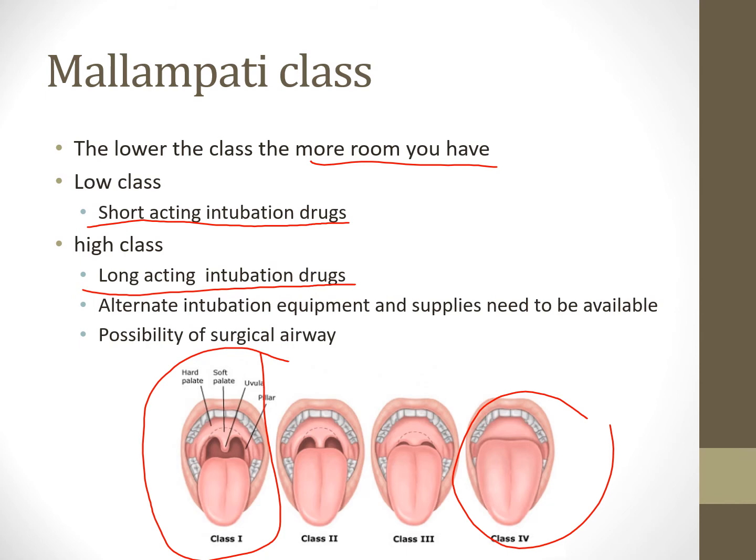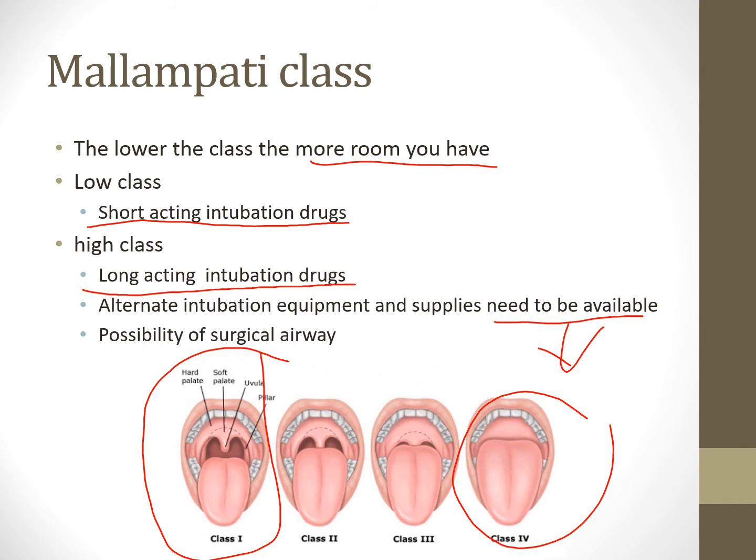The last thing you want is the patient waking up in the middle of you intubating, as far as their airway reflexes go, and then vomiting and causing aspiration, right? So alternate intubation equipment may need to be available, sometimes outside the room, sometimes in the room if they had a high class.